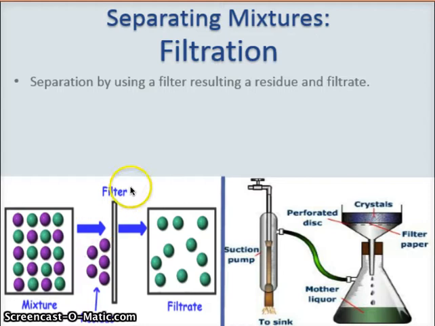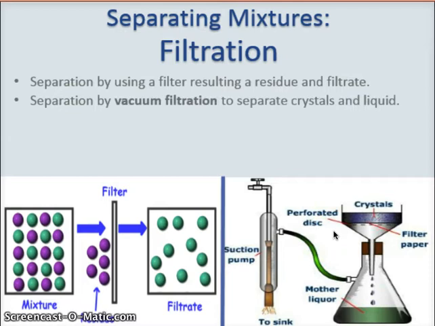However, sometimes you want this residue to be dry, and that's when you want to form crystals. The crystals need to be dry. So instead of using simple filtration, we use something called vacuum filtration. When we want to form crystals, you add the solid here.